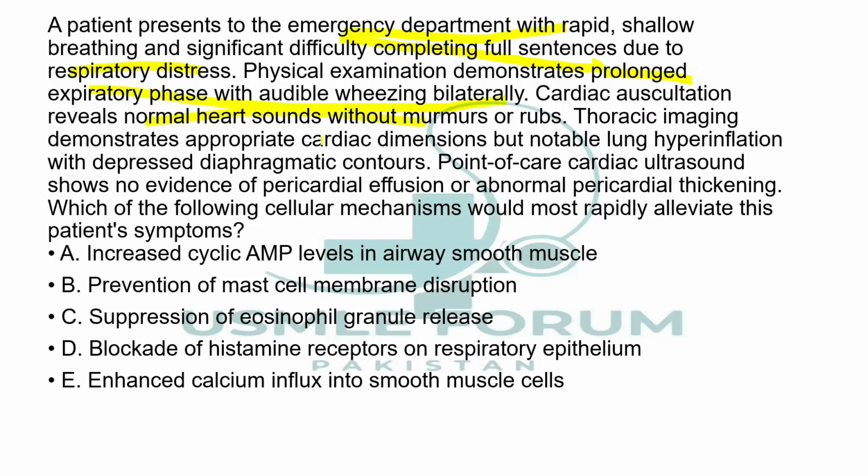Thoracic imaging reveals normal cardiac dimensions, but notable lung hyperinflation with depressed diaphragmatic contours. Point of care cardiac ultrasound shows no evidence of cardiac effusion. Which of the following cellular mechanisms would most rapidly alleviate this patient's symptoms?